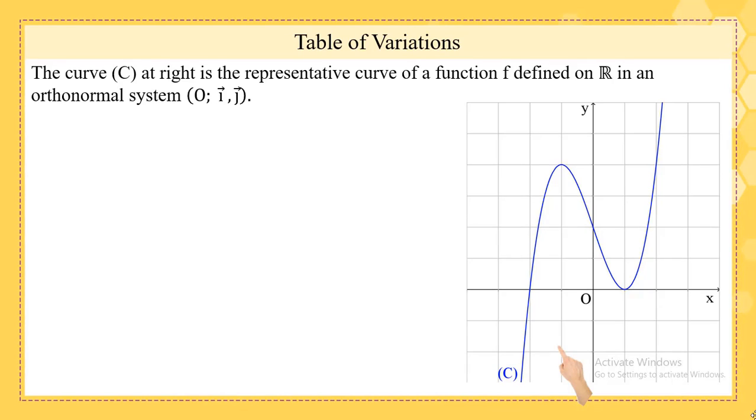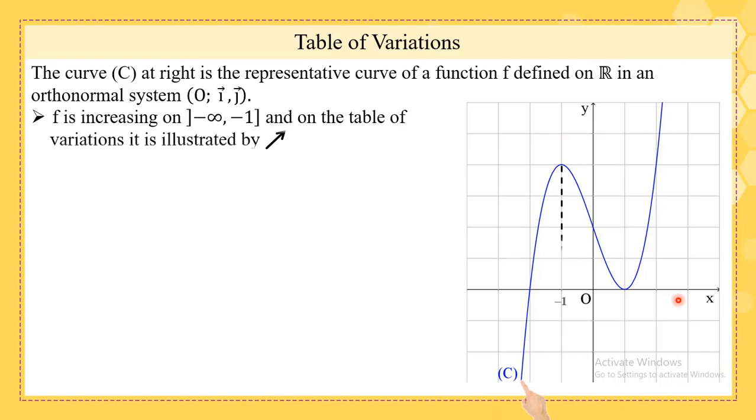Now, the second objective of this session is the table of variations. The curve C at right is the representative curve of a function f defined on R in an orthonormal system. Now f is strictly increasing on ]-infinity, -1], so on the table of variations, it's illustrated by an arrow that is moving upward.